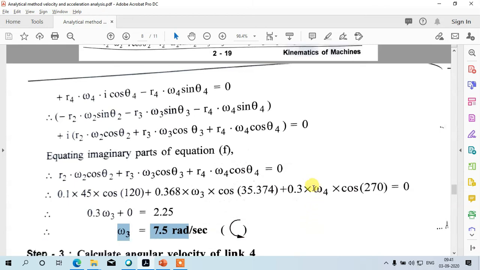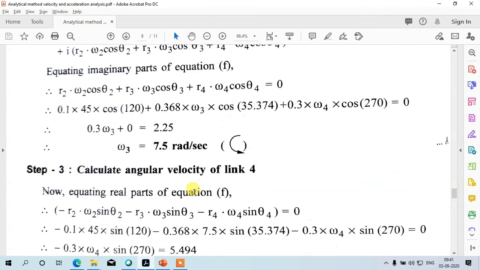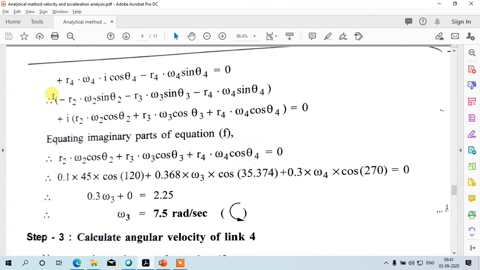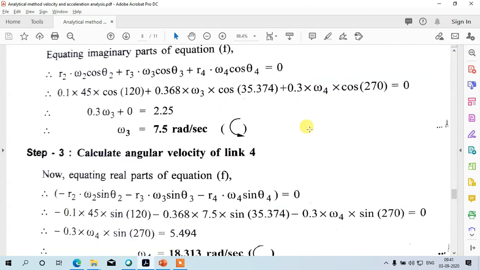Now omega 4 is still unknown, so we will compare the real parts of this equation. By comparing real parts we get this, as the first bracket will be equal to 0. Now we know omega 2, we have found omega 3, and the only unknown left is omega 4.